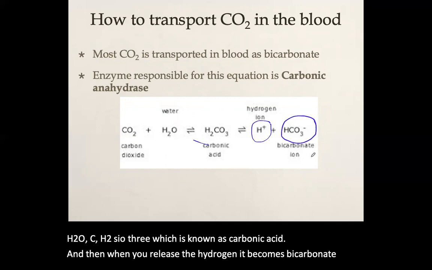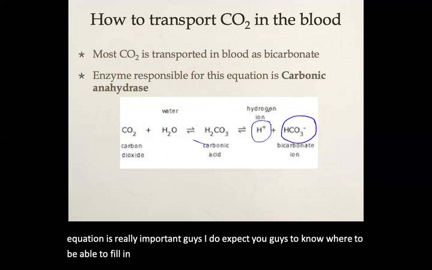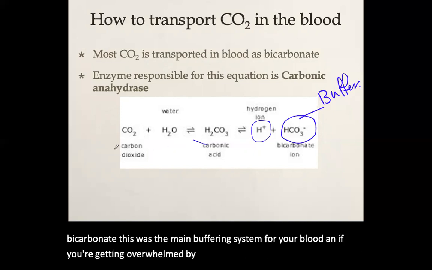This equation is really important, guys. I do expect you guys to know it, to be able to fill in the gaps. Again, reminder, why do I care about bicarbonate? This was the main buffering system for your blood. And if you're getting overwhelmed by the equation, just simplify it, guys.